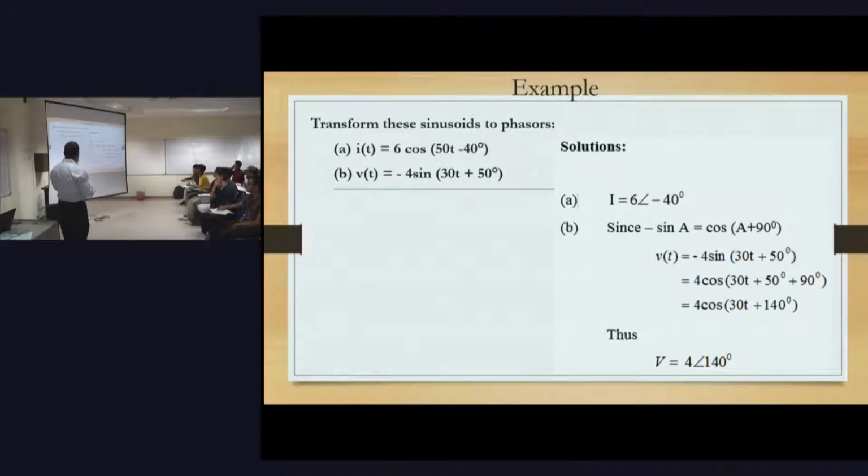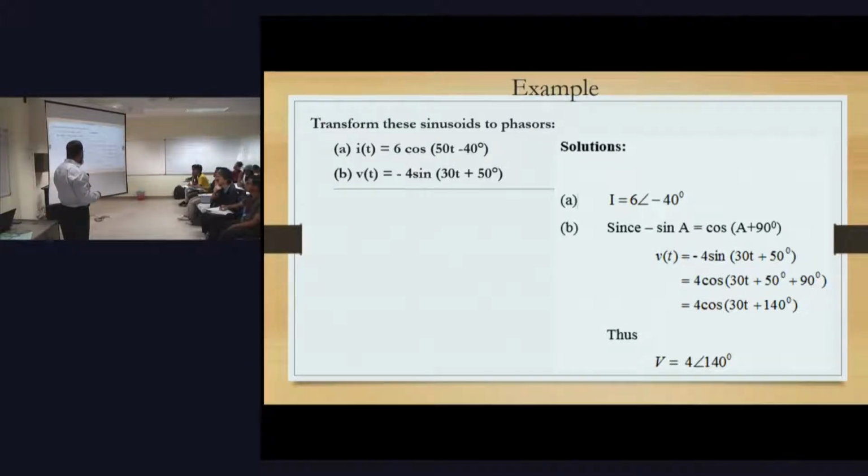Okay, so the first one is obviously I, which is 6. Amplitude is 6, and the angle is negative 40 degrees. The second one, obviously, you have to convert this to cos wave, and then that's how you find out. So how do you convert? Can you convert this from the diagram that I gave you, or you just remember the trigonometric identities to make this conversion?